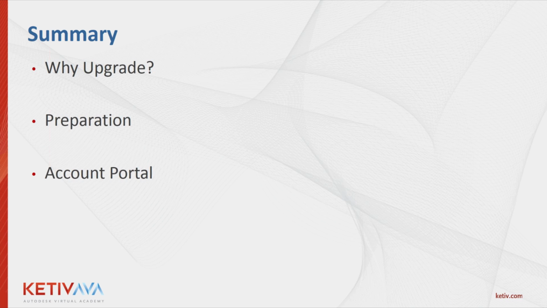Now we can go over what we went over today. The first thing we went over is why upgrade. We went over the benefits that you are getting with upgrading your software to 2017 and all the functionalities that were improved and the way it works better with your PC. The next thing we went over is preparation. Javier went over the things you should look out for if you're using a Vault.